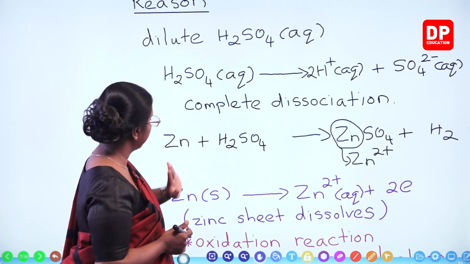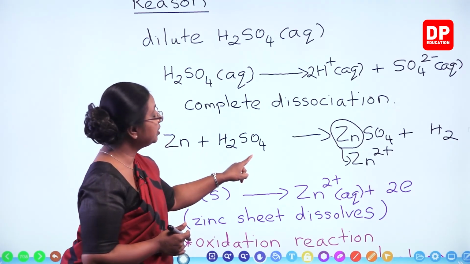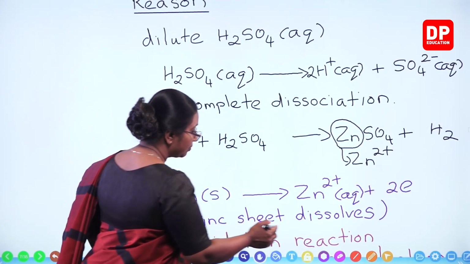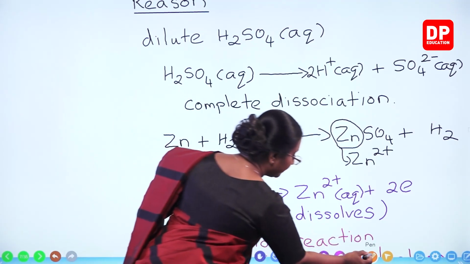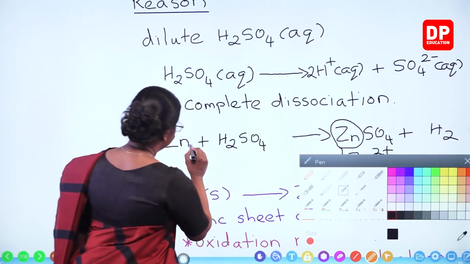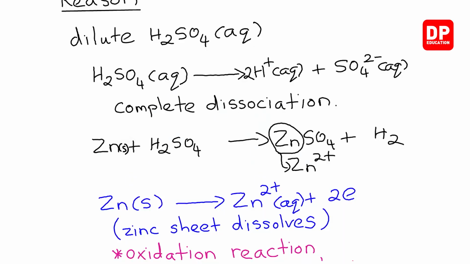When you put zinc into sulfuric acid, here also we can write the states. Zinc solid and H2SO4 aqueous give zinc sulfate aqueous and hydrogen gas.